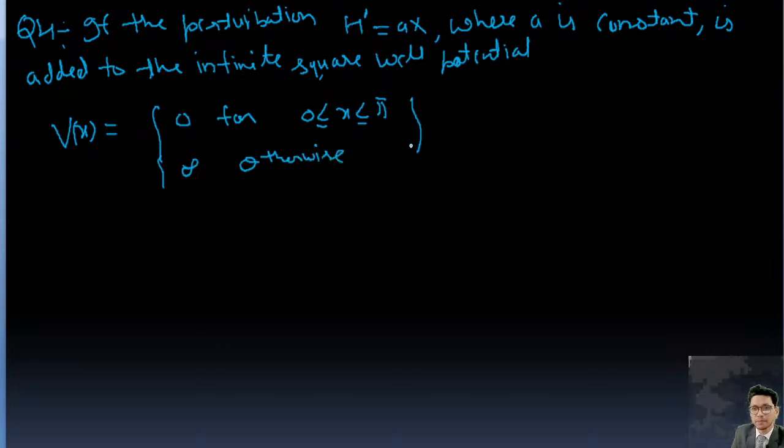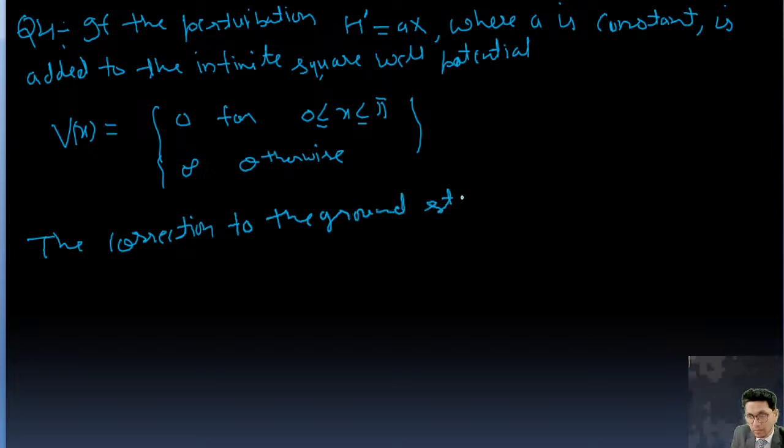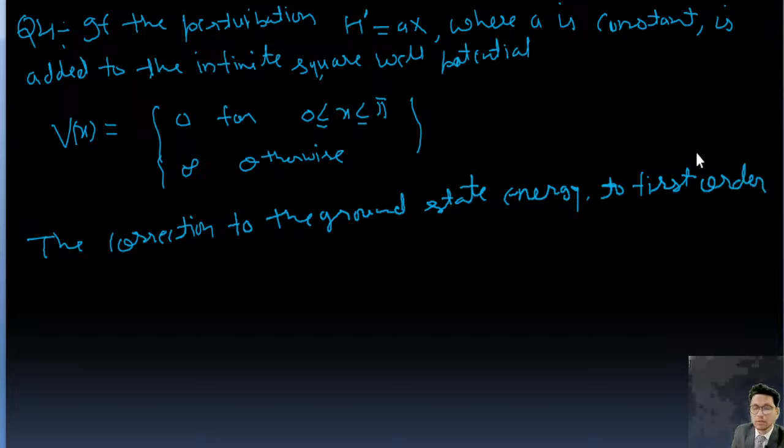Okay, the correction to the ground state energy to the first order in A is, options are given.